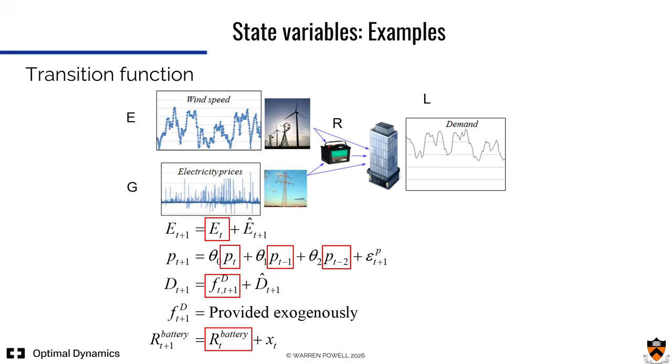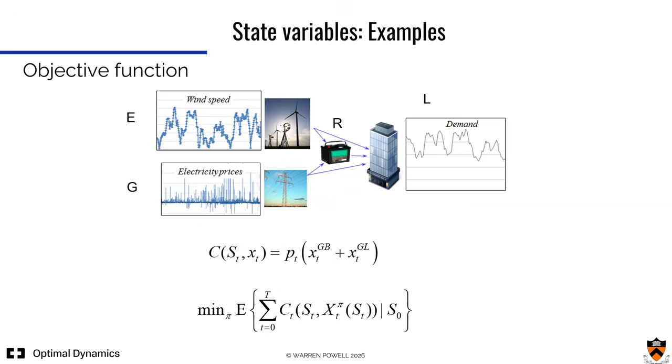The demand at time t+1 is going to be what I forecast it to be plus random noise, where that forecast is assumed to be provided exogenously. And then the R for the battery, the E was the energy from the wind farm that just evolves stochastically, and the R from the battery is basically an inventory problem. X, by the way, can be positive or negative.